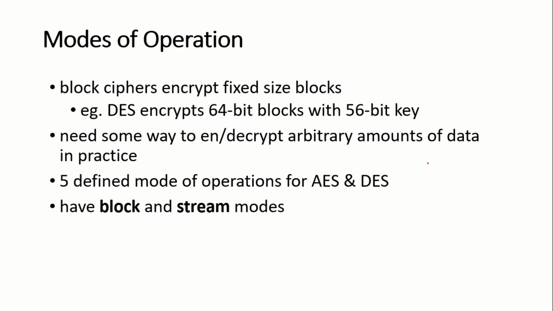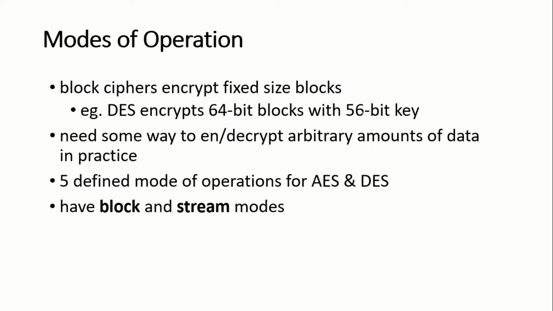But in real life applications, we do not always have fixed size data to operate on. We have variable size data which needs to be encrypted and decrypted. So what do we do in that case if the data is not of 64 bit or 128 bit, or if you specifically want to use DES or AES?